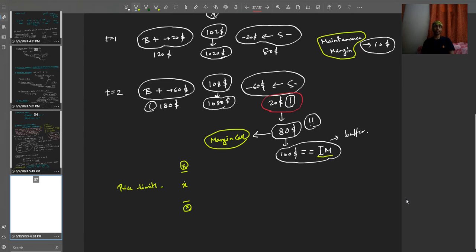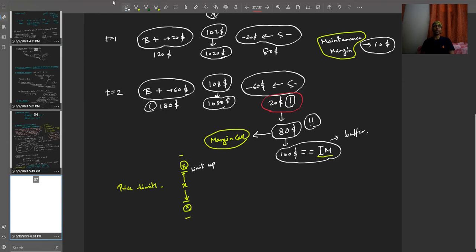If the price hits the upper limit, say somebody wants to trade somewhere here, then it hits the limit here. This phenomenon is called limit up, and the trading stops. Similarly, if somebody wants to trade at some price like this, in this case the price hits the limit downwards.